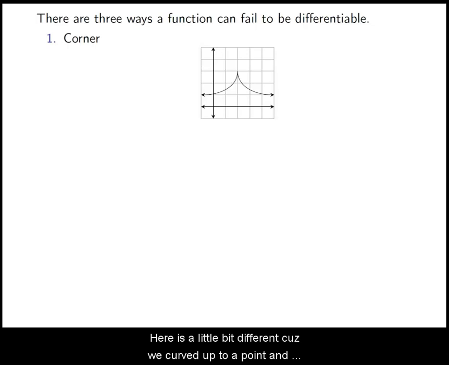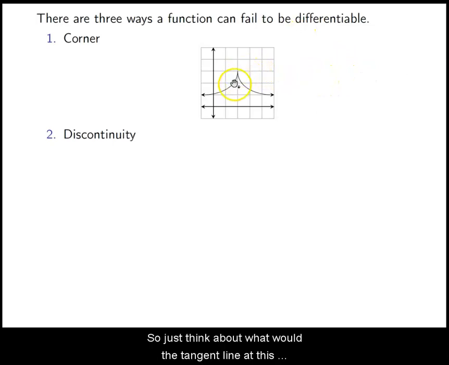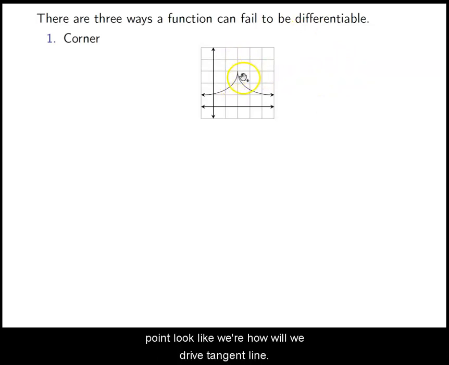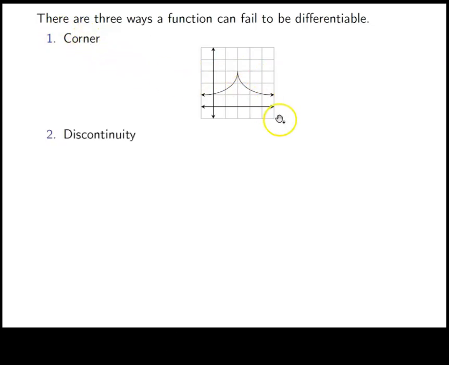Here it's a little different because we curve up to a point and curve out of a point. So this would be a point where we're not differentiable. Just think about what the tangent line at this point would look like. How would we draw a tangent line here? We really can't. So when we have a corner like this, we're not differentiable.